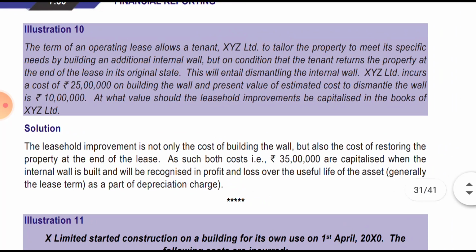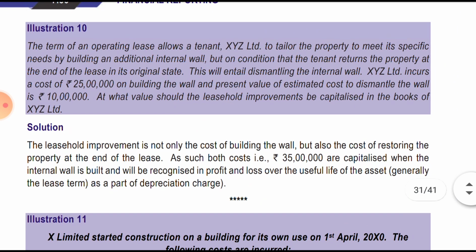The term of the operating lease allows a tenant XYZ to tailor the property to meet its specific need by building an additional internal wall, but on the condition that the tenant returns the property at the end of the lease in its original state. This will entail dismantling the internal wall.